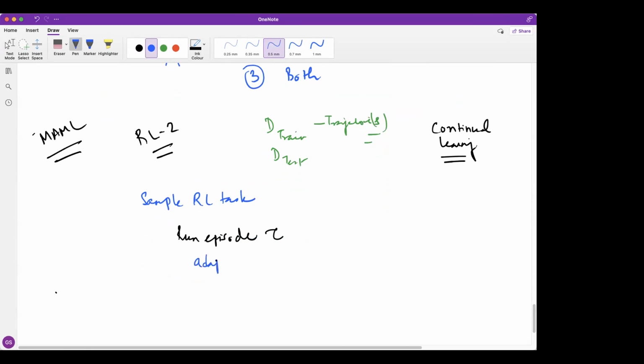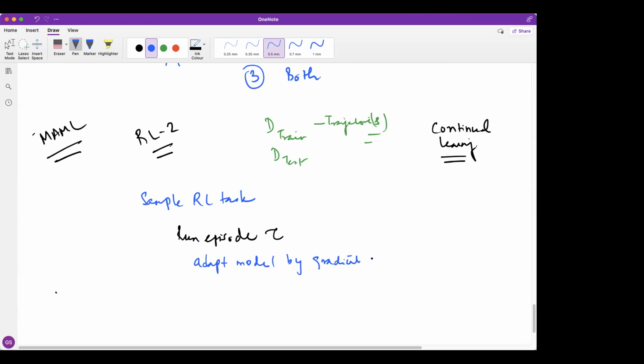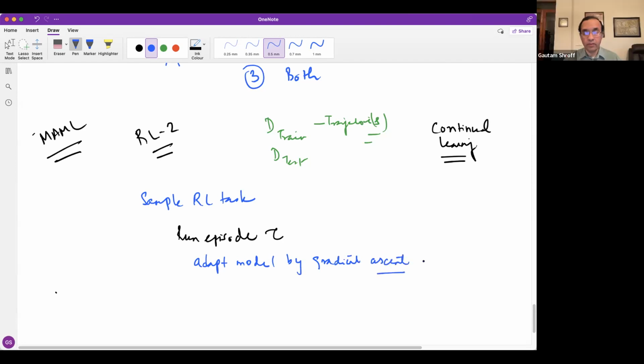Adapt the model by gradient ascent, computed as above, and you'll get a theta prime.